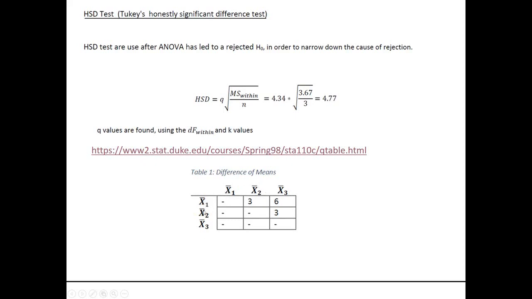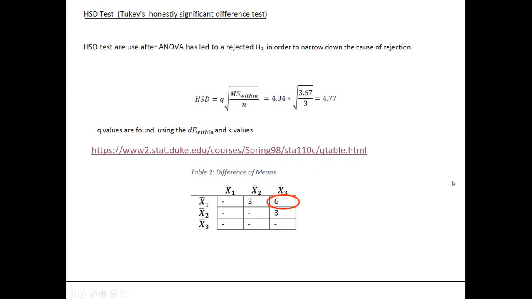I simply say x1 minus x1 is going to be 0, x1 minus x2 is going to be 3, x1 minus x3 is going to be 6, and x2 minus x3 is going to be 3, and all the other values will be just repeats of the same combinations. So any mean difference between groups that beats 4.77 is going to be designated as significantly different.